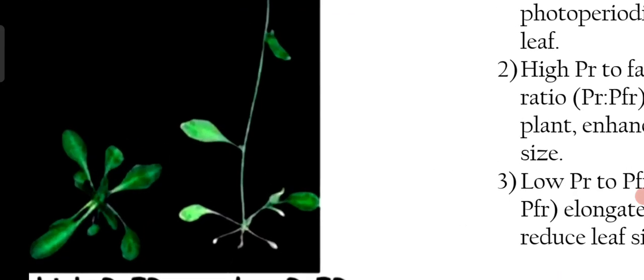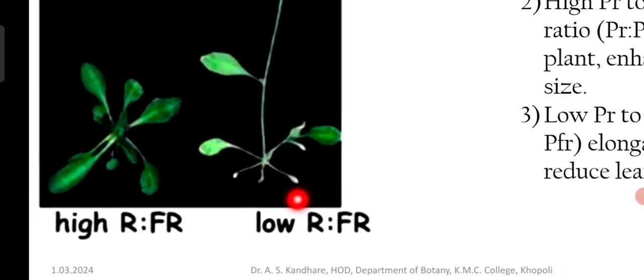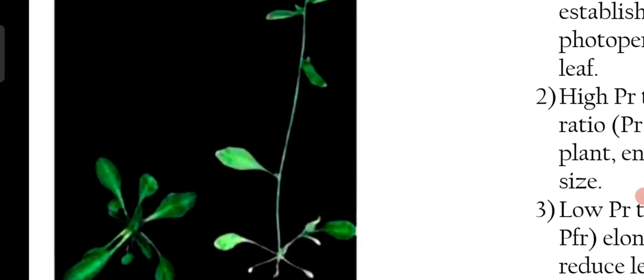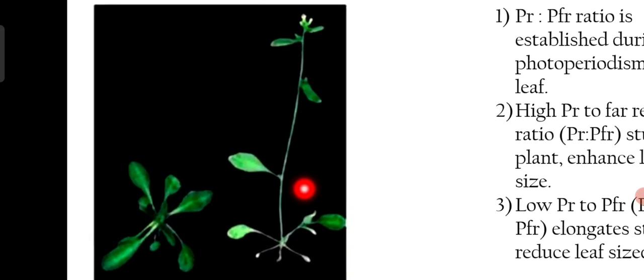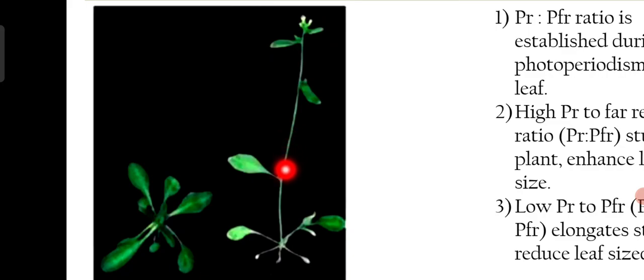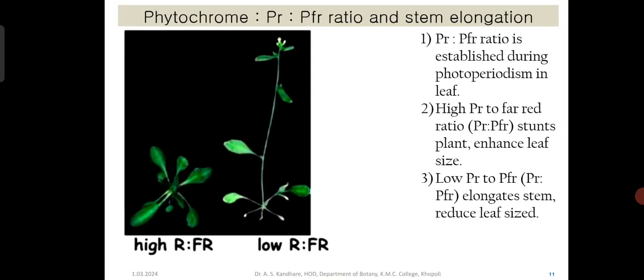So here you can see when the ratio of R to FR is low, there is elongation of stem, and the size of the leaf is also reduced. So this is the physiological effect of phytochrome on different plants.